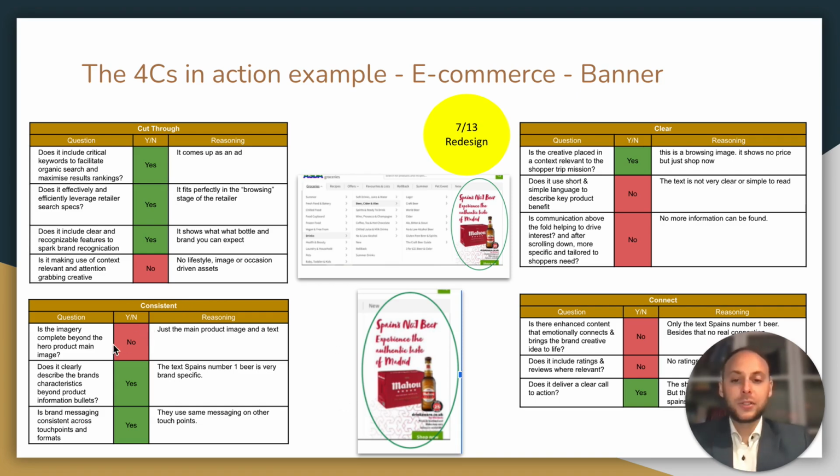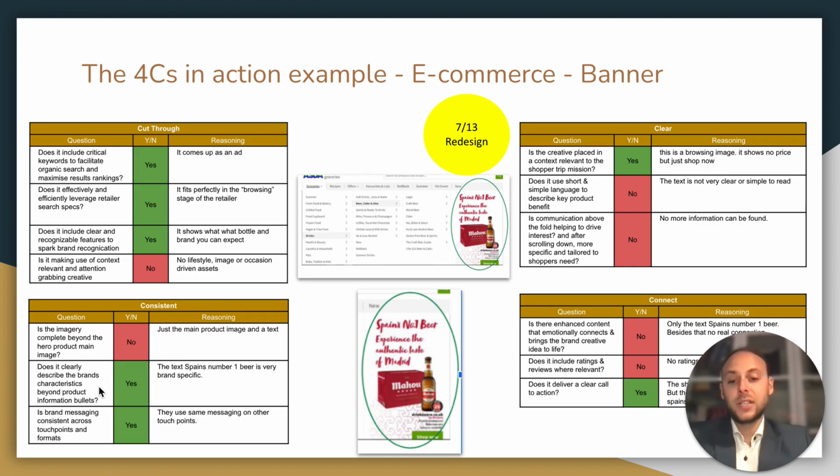When it comes to consistent, a few examples of this. Is the imagery complete beyond the hero product main image? Here I said no, because this is just the main product image and the text. There are no other visuals that can help drive sales or help with connecting with the shoppers. Does it clearly describe the brand's characteristics beyond the product information bullets?